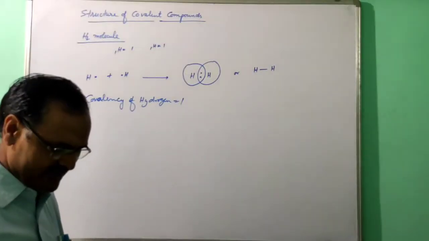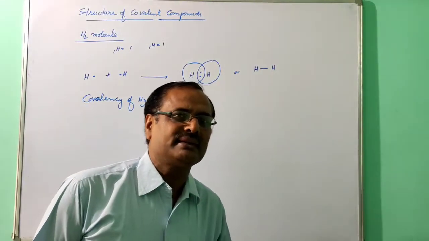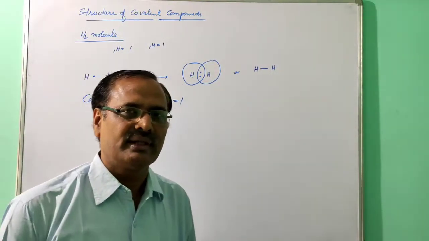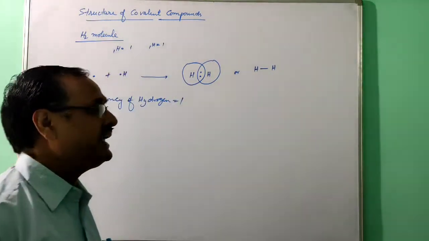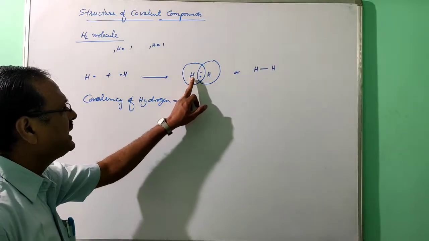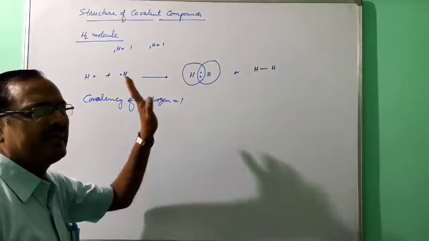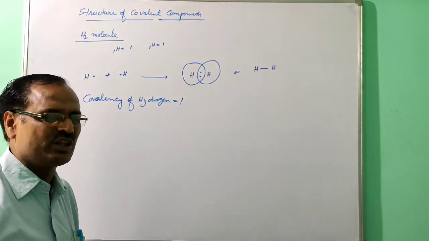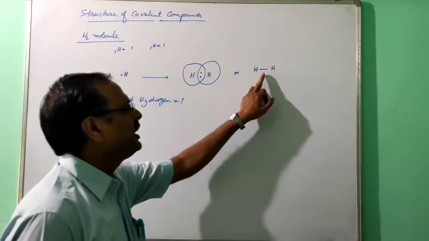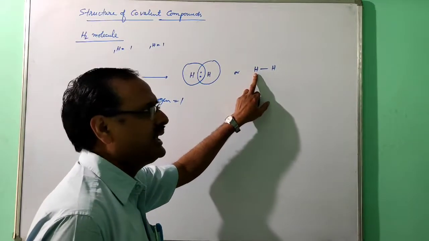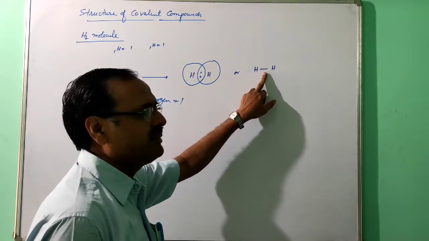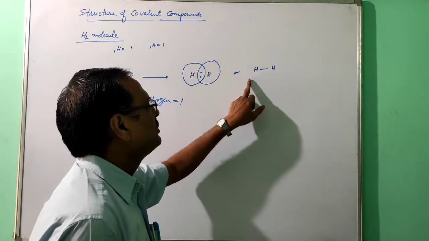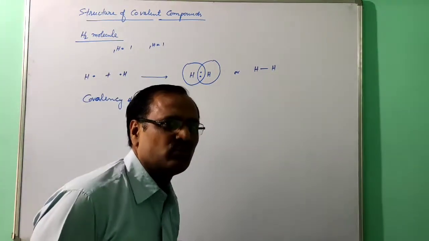And one more definition is given: the pair of electrons which an atom shares. This one atom shares only 1 pair of electrons, so the covalency of hydrogen is 1. One shortcut method is there: just count how many bonds are associated with one atom. By one atom only 1 bond is associated. So the covalency of hydrogen is 1.